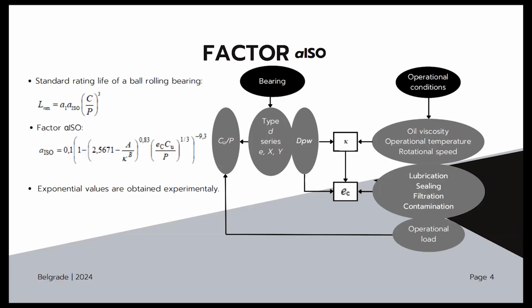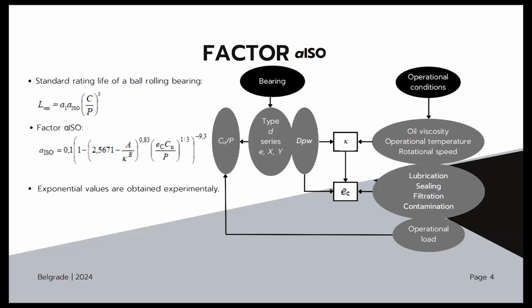And when we consider that factor, we have to divide all parameters into two groups. The groups are the bearing, which means the characteristic of bearing, characteristic of material, geometry, etc., and operational conditions, which consider oil viscosity, operational temperature, rotational speed, contamination of lubricant, and operational load.